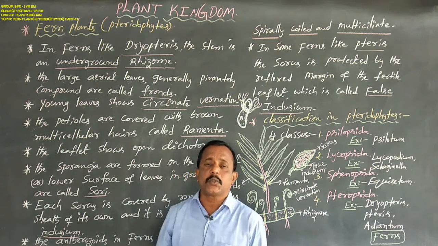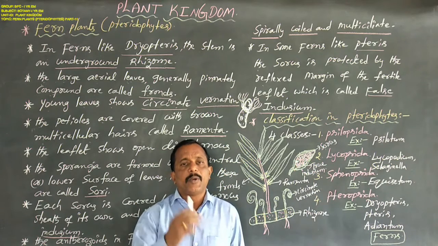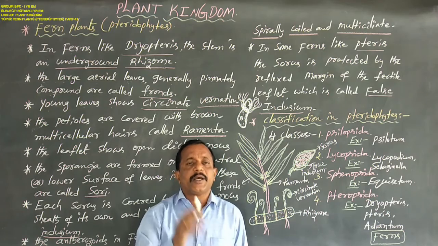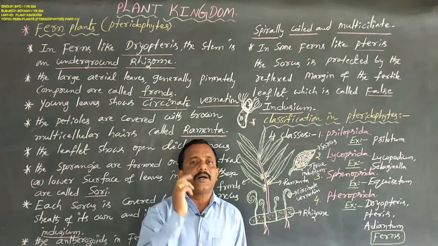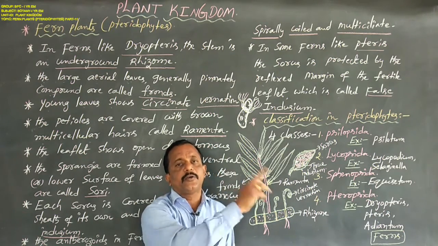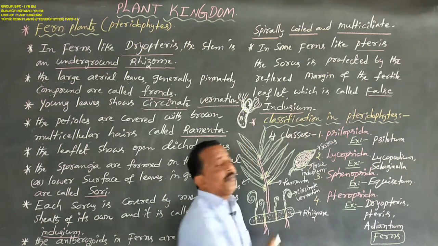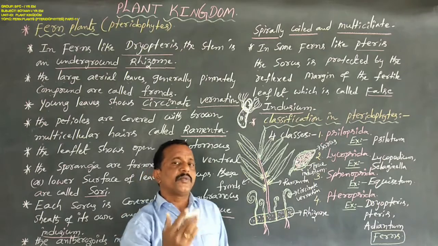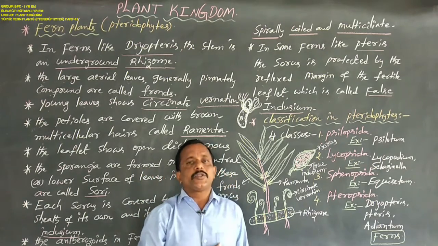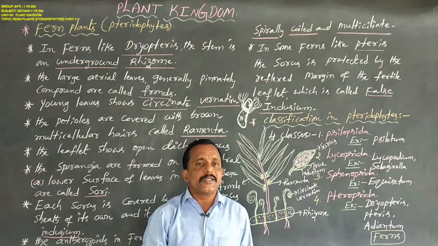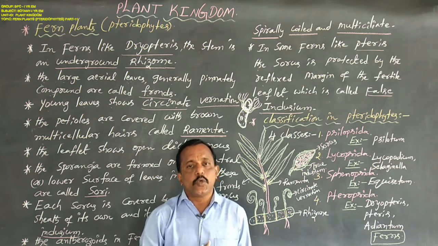But in the false indusium, the sorus is protected by a reflexed margin of the fertile leaflet. Anyhow, both contain sporangia as well as spores.